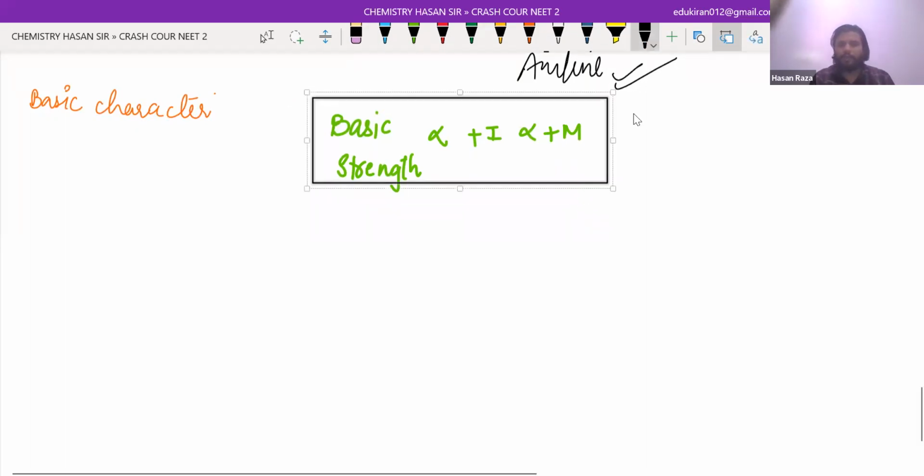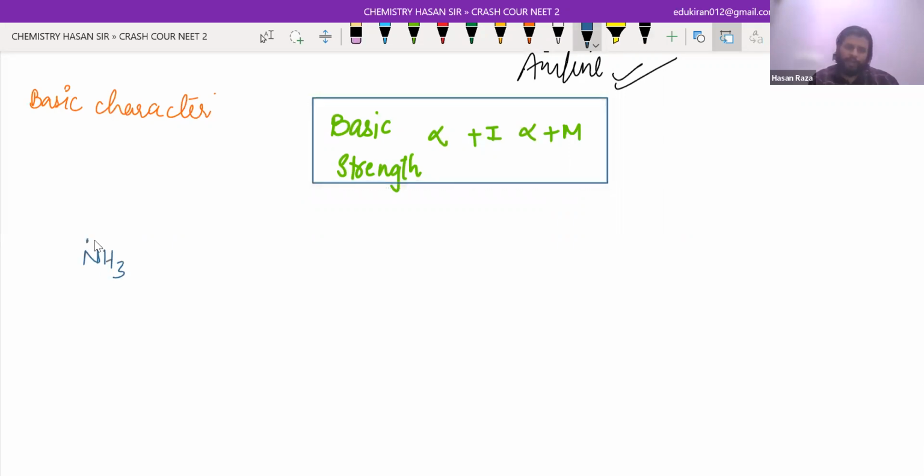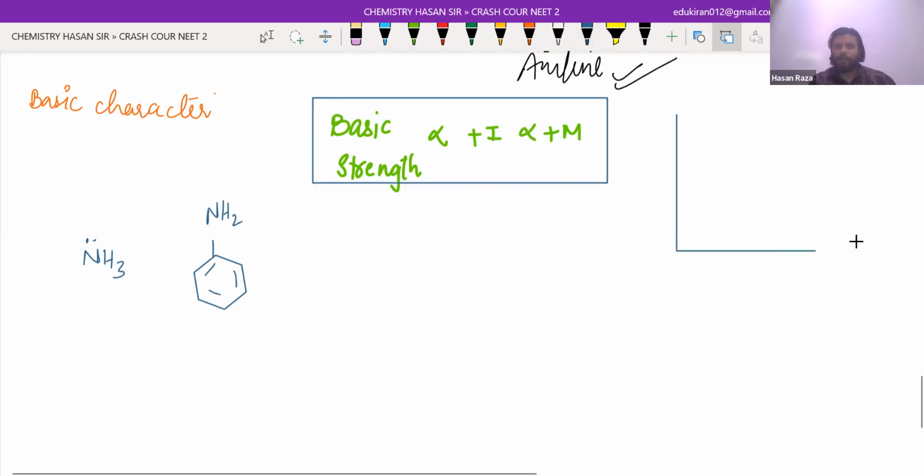Now see, what I want to ask is that, can anyone tell me which is more basic, NH3 or aniline, benzenamine? What do you think? Which one will be more acidic or more basic?